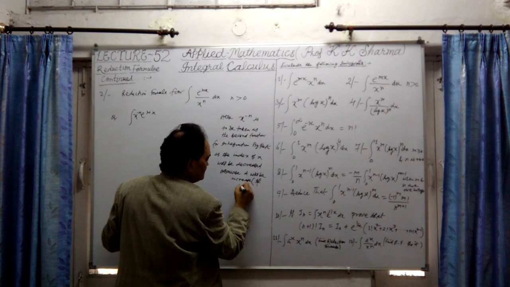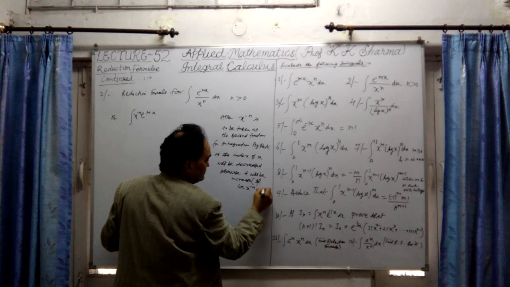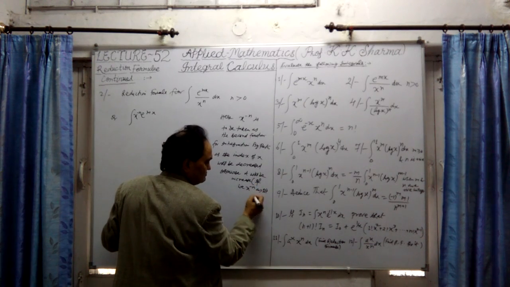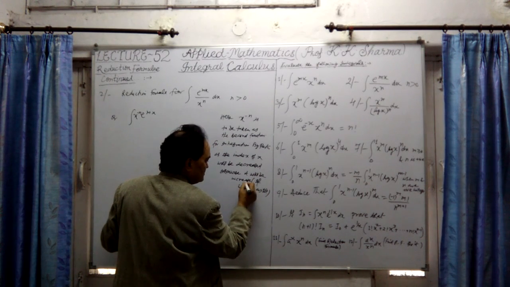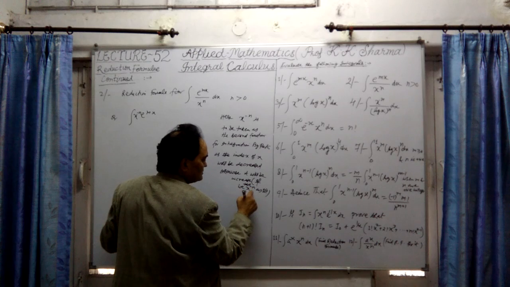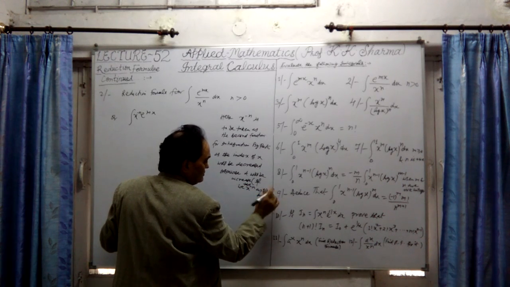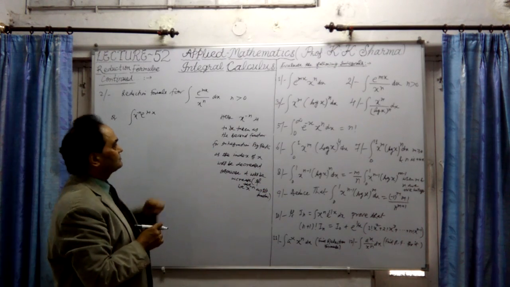That is, if we take x to the power minus n as the first function, then it will be increased. So we have taken x to the power minus n as the second function.